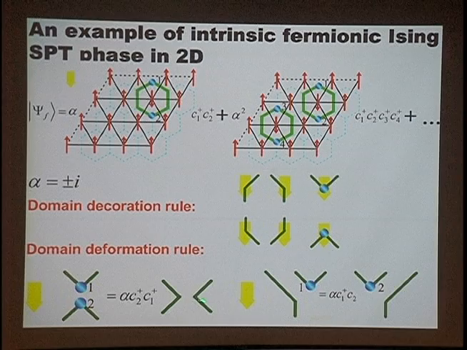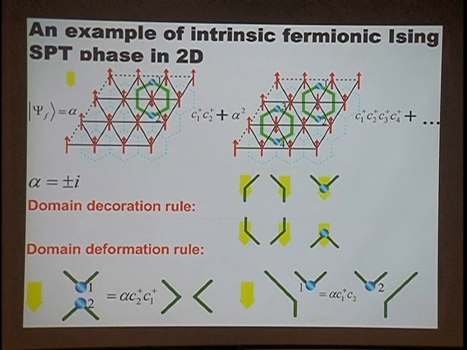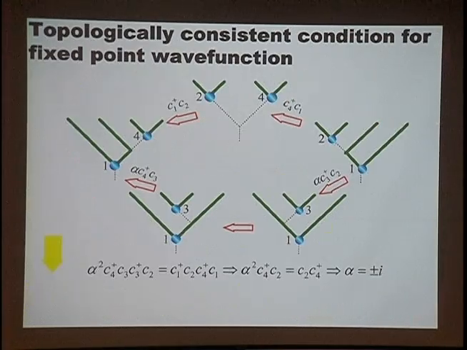In this case, compared to this one and this one, I create a pair of fermion. But for this case, I don't create one, so the fermion number is the same, just like one fermion hops from here to here. Okay, so with such a rule, we can further examine this consistency condition as for the bosonic case.